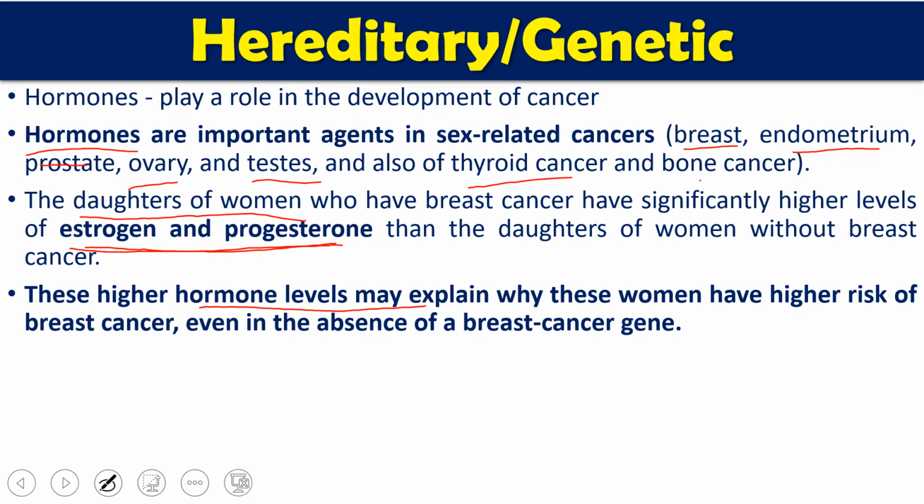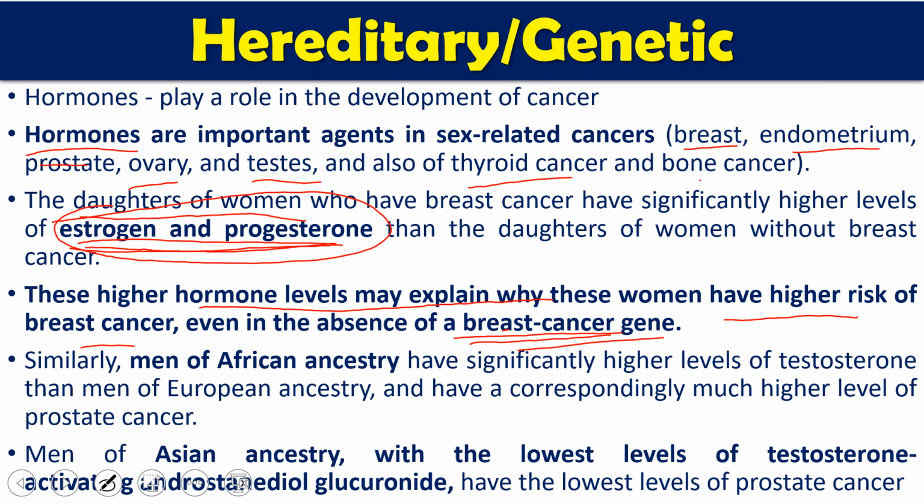So higher hormonal level may explain why these women have high risk of cancers, even if she doesn't have any affected genes. Because of higher hormonal levels, that girl will be more prone to cancer occurrence. Because her mother had breast cancer, she has got genes from her mother. Because of that genetic effect, she is having high levels of estrogen and progesterone without affected genes, and because of this hormone, she is going to have more chances.